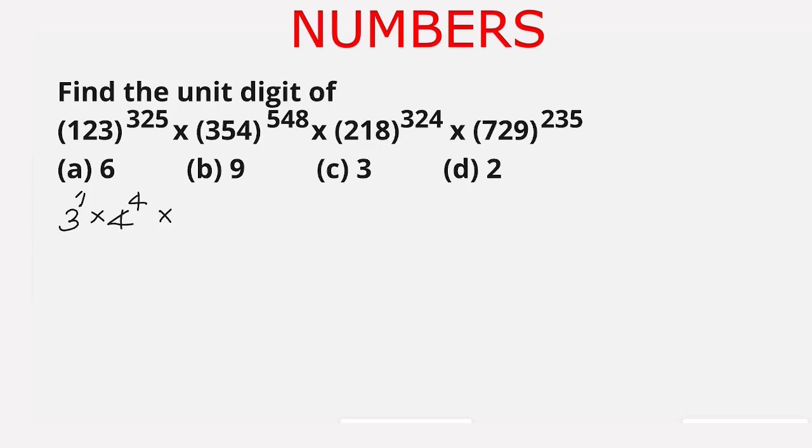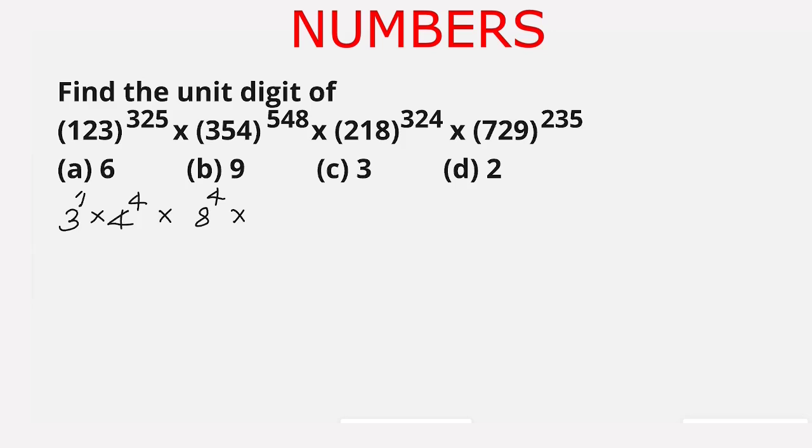Multiplied by 218, the ones place digit is 8, and we will divide the power by 4. 324 when divided by 4, so we will divide 24, the last two digits, and 24 is divisible by 4. 6 times 4 is 24, but we will write the power as 4.